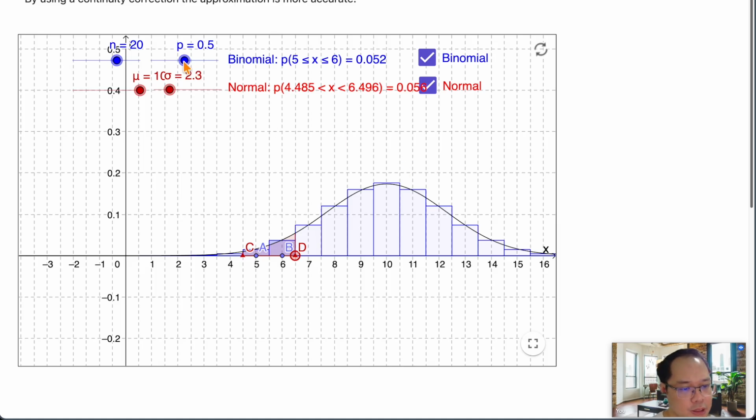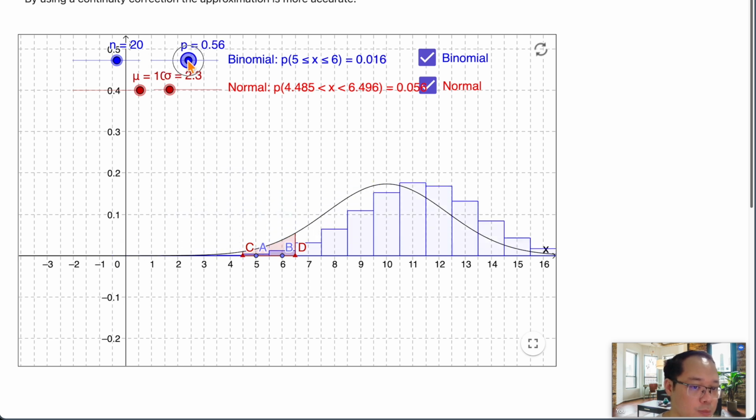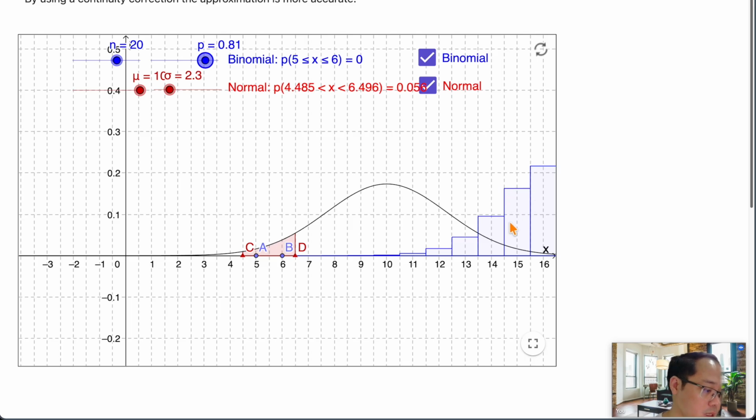If the probability is smaller than 0.5, like this one, it is right skewed. And when it is greater than 0.5 and closer to 1, it's called left skewed. The column, as you can see here, gets higher and higher on the right hand, and it's very low on the left hand. That's why it's called left skewed.